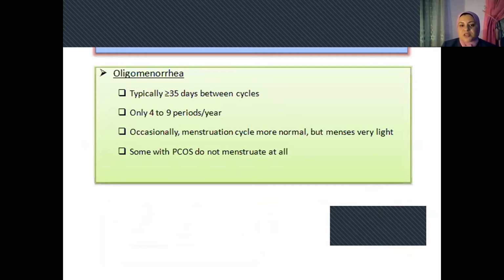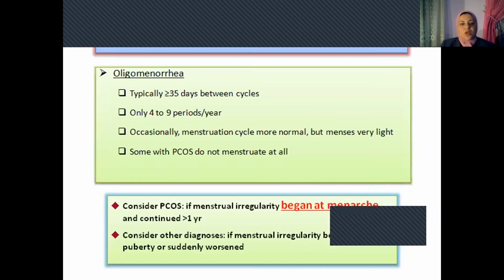Occasionally the menstrual cycle is more normal, but menses are very light. Some PCO patients don't menstruate at all. We consider PCO if menstrual irregularities began at menarche and continued for more than 1 year. We consider other diagnoses if these irregularities began years after puberty or suddenly worsened.